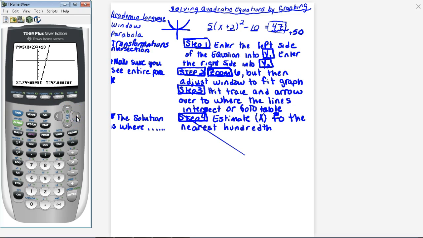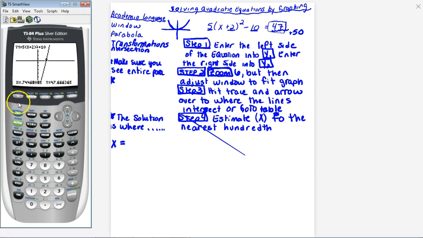Okay, there's y equals 47, 0.6, and I'm going to take it. So I'm going to say that x is close to 0.75, 0.74. Okay, so here, one answer is x is equal to, and then write down 0.74.